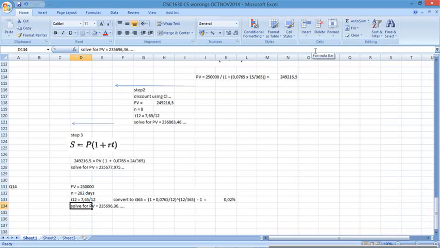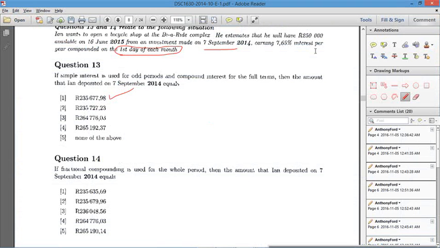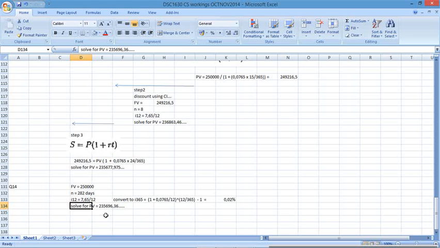Well, there's an option here for 679. That's 235,679. That could be a typo in the question, perhaps.